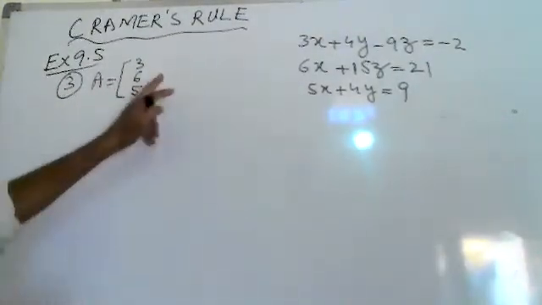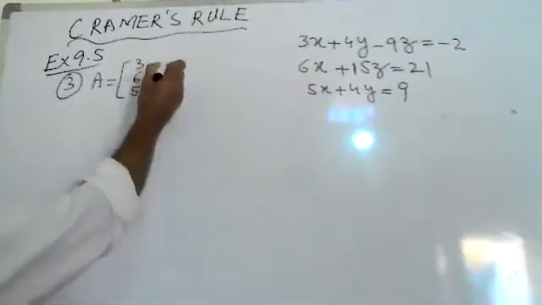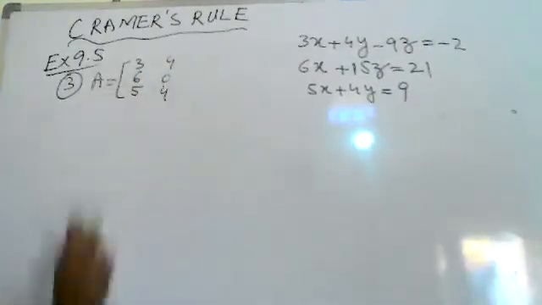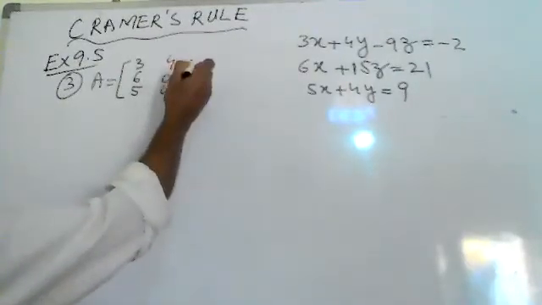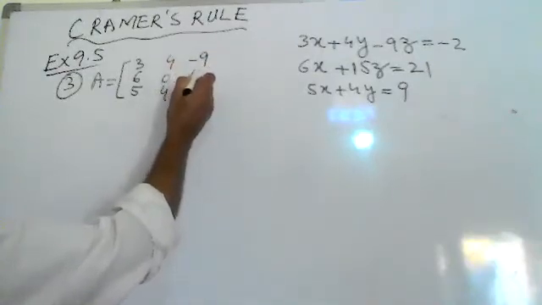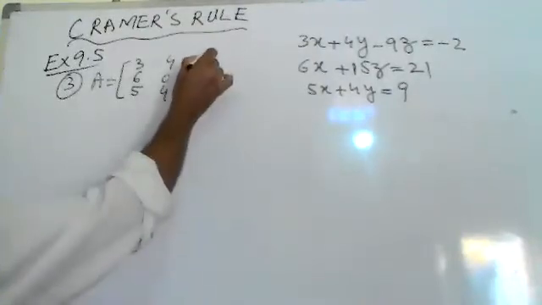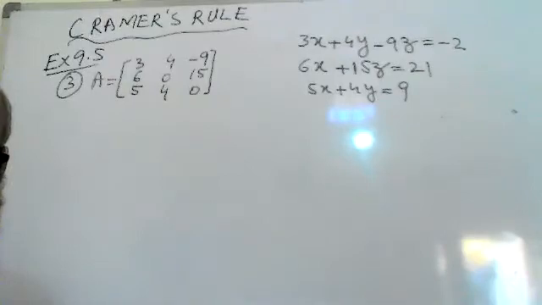Okay. The second column, the coefficient of y: 4, there is no y, 0, and there is 4. The third column, coefficient of z: minus 9, 15, and 0. There is no z in the last. This is the matrix of the coefficients of x, y, and z.